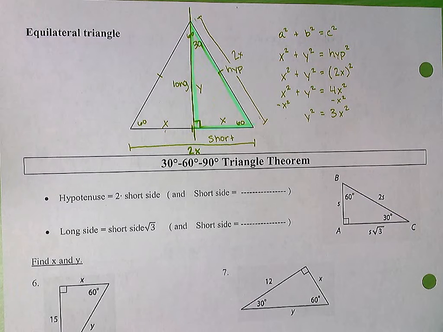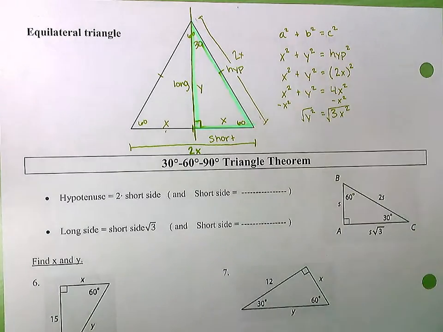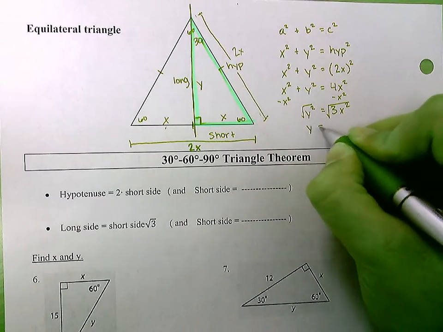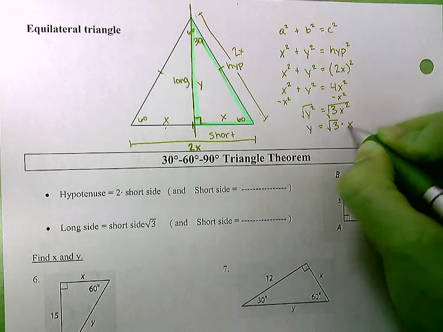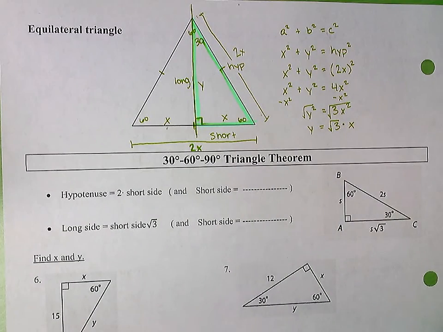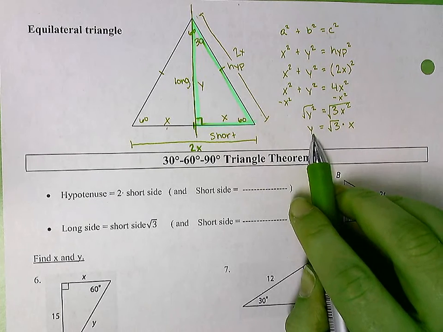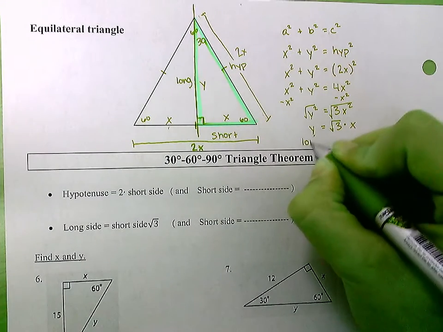Now I want y by itself. So I'm going to take the square root of both sides. So I end up with y is equal to the square root of 3 times x. Now I labeled my long side as y. So I'm going to replace y with the long side.